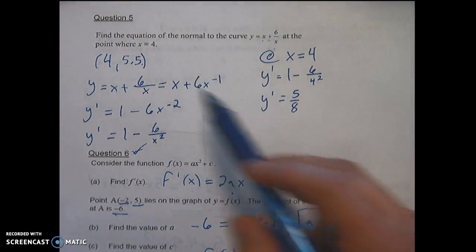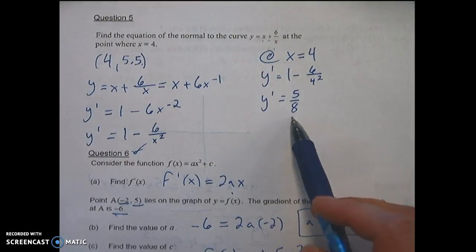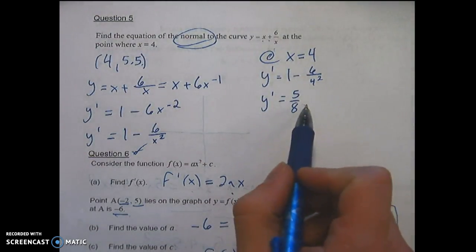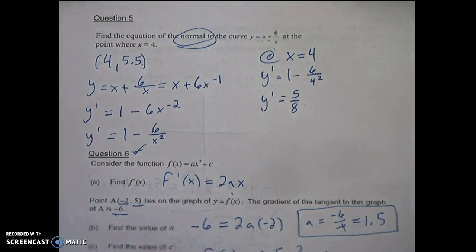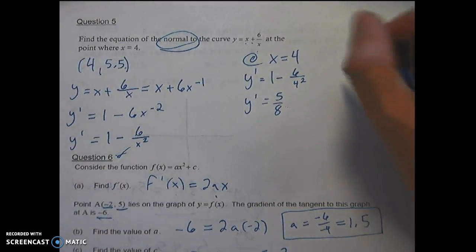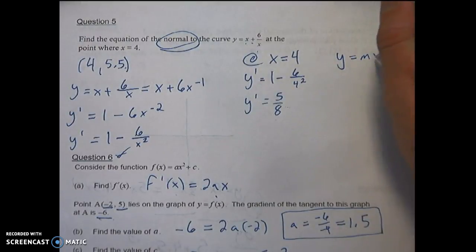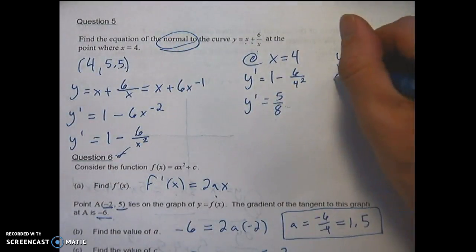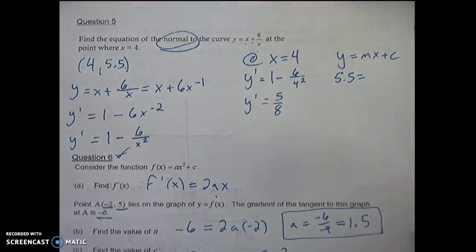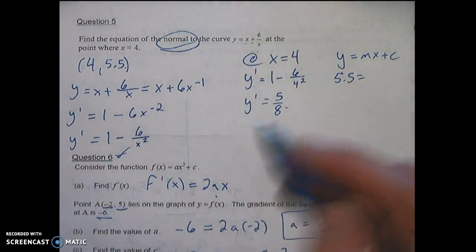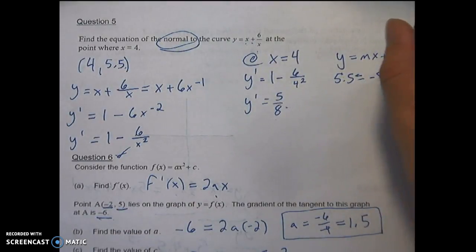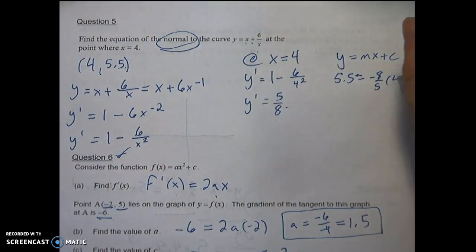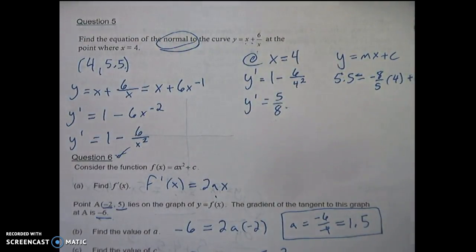So I've got my point, I've got my gradient, but I'm looking for the normal. So I'm not going to use this gradient. I'm going to use the perpendicular gradient. When I write y equals mx plus c, I plug in the y that I have, which is 5.5. The m that I'm going to plug in isn't this 5 over 8, it's the negative reciprocal of that, negative 8 over 5. The x that I have is 4. And I'm going to solve for c.